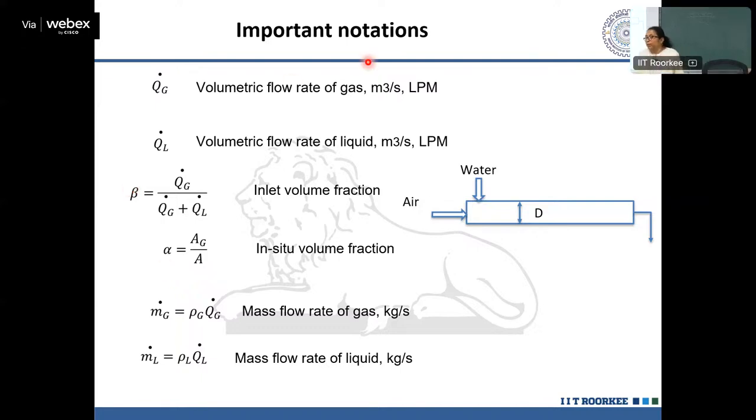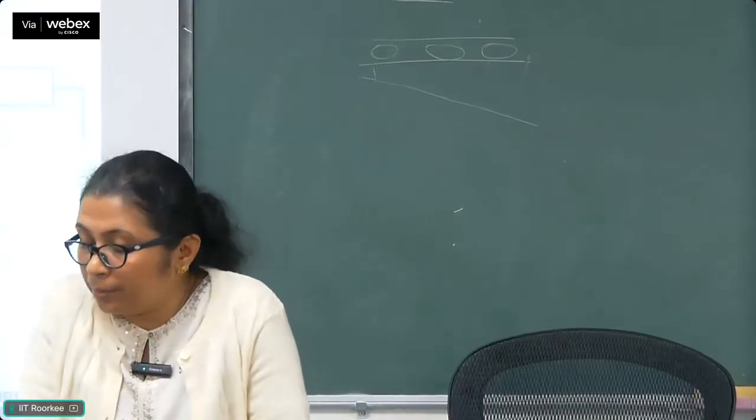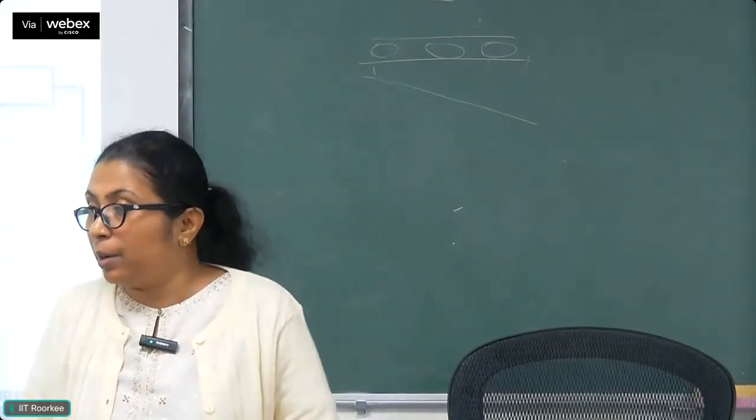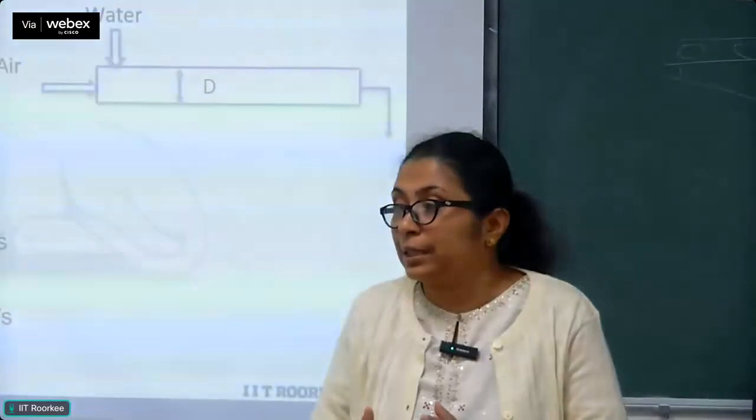What we can give is an idea or estimate about the ratios of the phases inside. We can have three different types of information. One is how much length of the dispersed phase is occupied over a total length. Second is how much area of the secondary phase is occupied inside the total cross-sectional area of the tube.